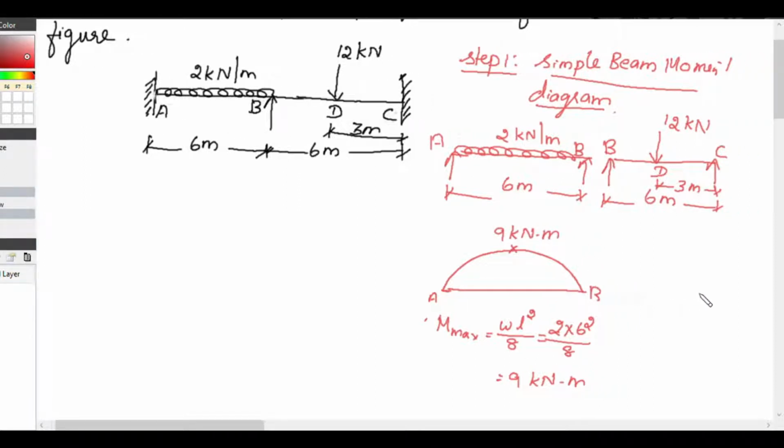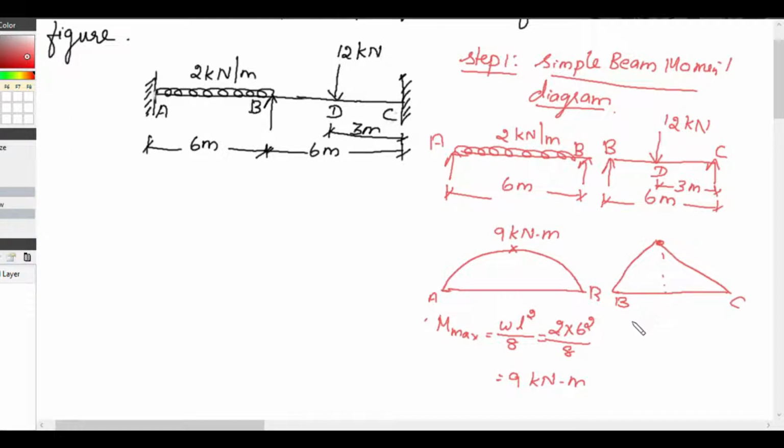Now for the span BC, since it is a concentrated load at D, we will have the maximum bending moment for this span at D, and the diagram will be like this. Okay, so this is B and this is C. This is the center of the span.